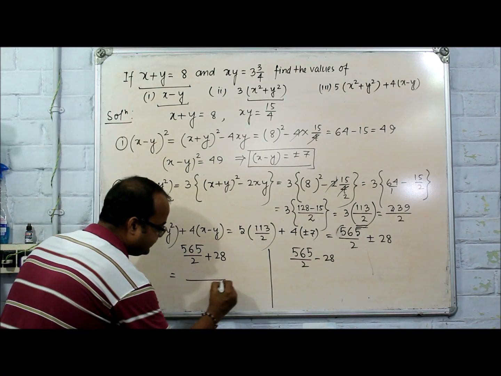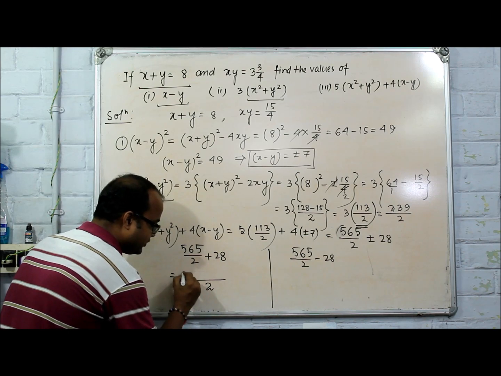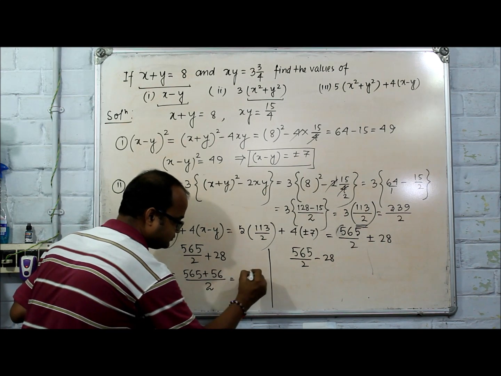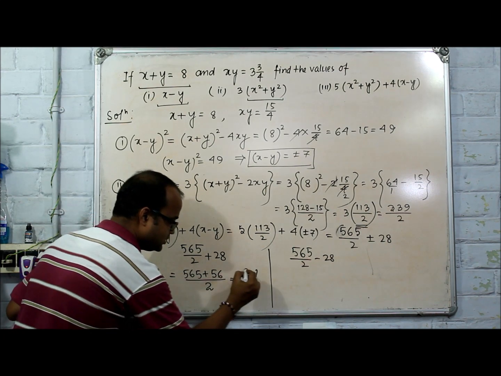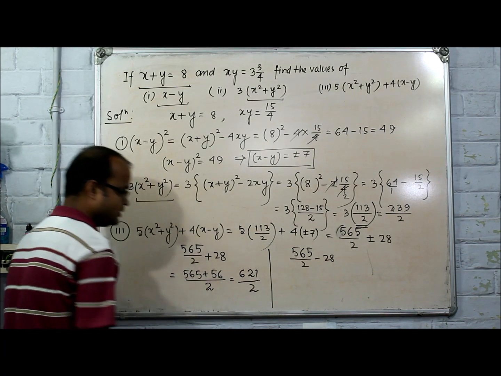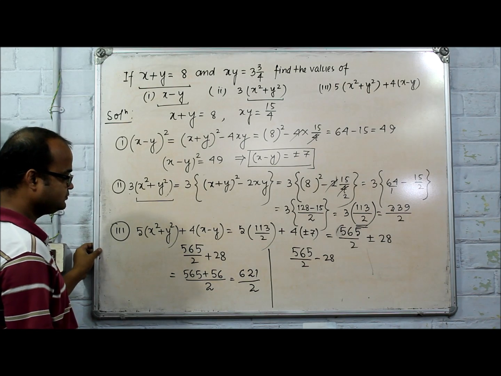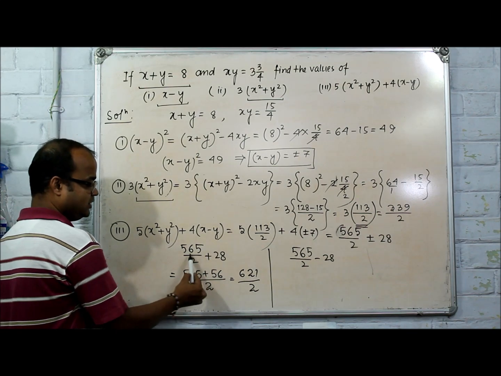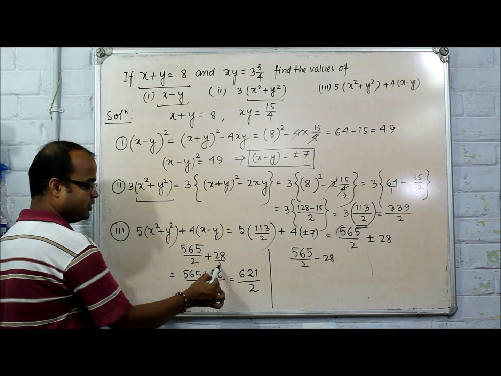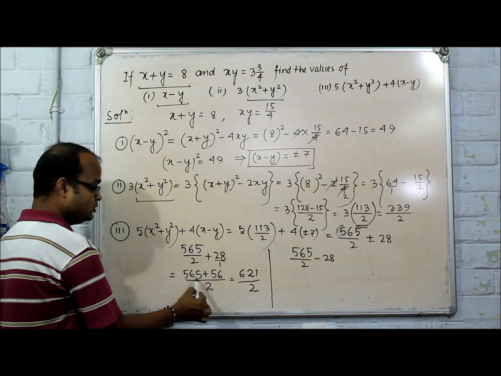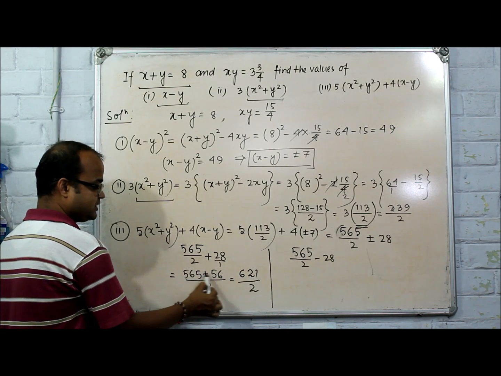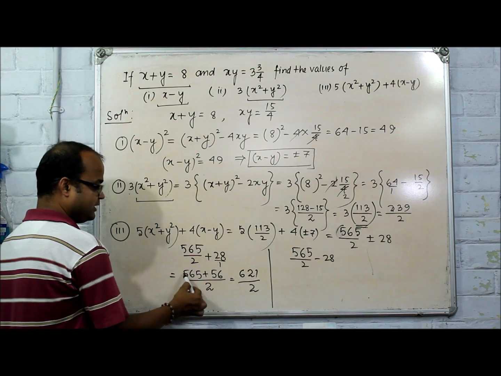So if you simplify this, LCM will be 2. 565 plus 56, 621 by 2. Clear? Just check. LCM is, here you can write 28 by 1. So 2 and 1 LCM is 2. 565 plus 56: 6 5 11, carry 1, 2 and 5, 1 6.